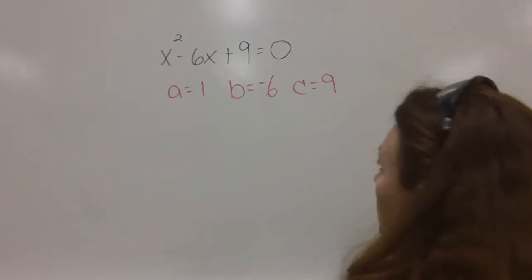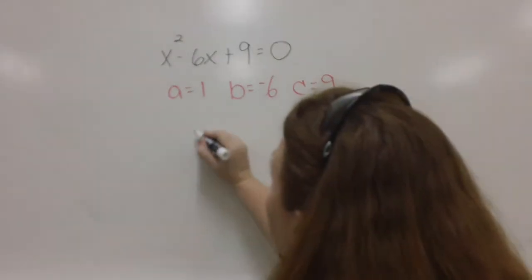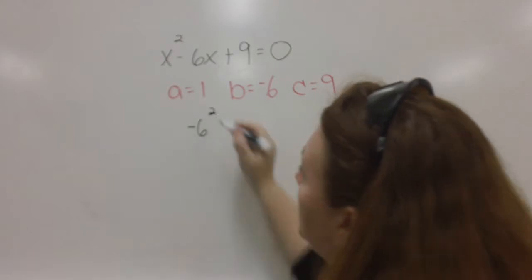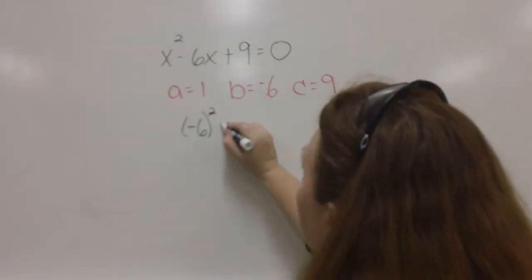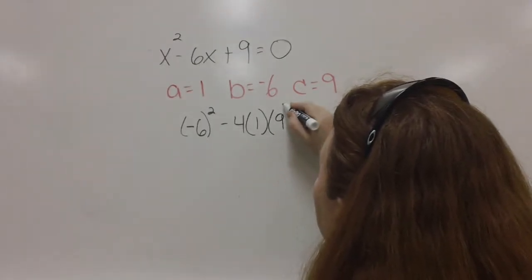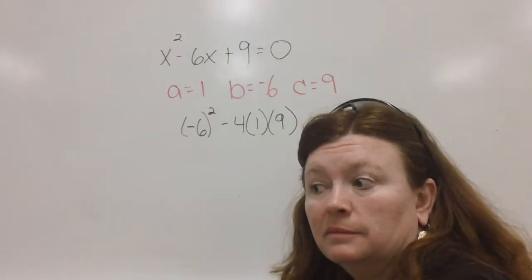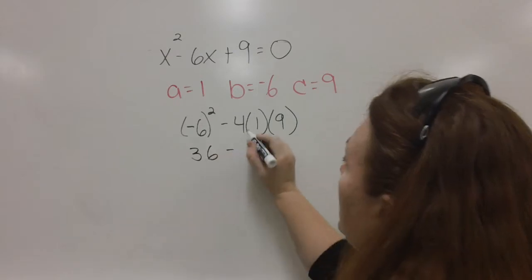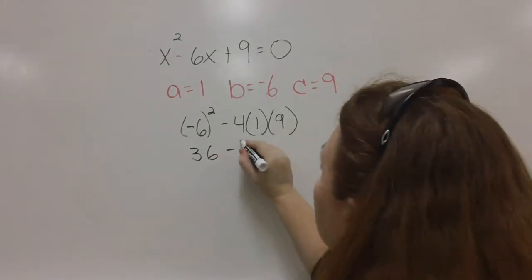All right, let's plug it in. I don't need the whole quadratic formula, just the b squared. Be very careful when you're squaring a negative that you have parentheses. Minus 4 times a times c. All right, what is negative 6 squared? Positive 36. 4 times 1 is 4, times 9 is 36.